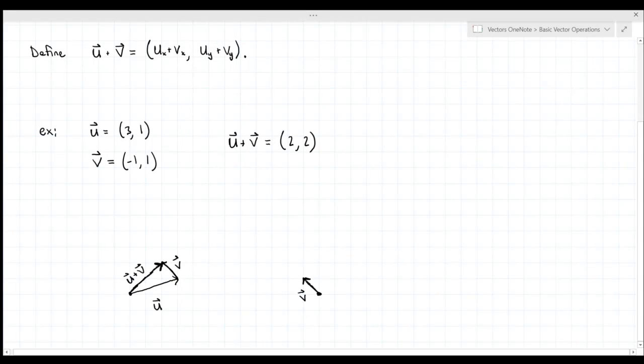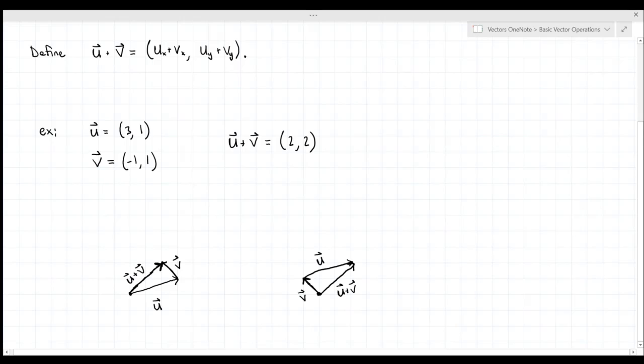Starting from here, I'm going to go out 3 units, and then up 1. So that would be my vector u. If I draw this vector here and complete the triangle, notice this vector again has an x component of 2 and a y component of 2. So again, this would be u plus v.